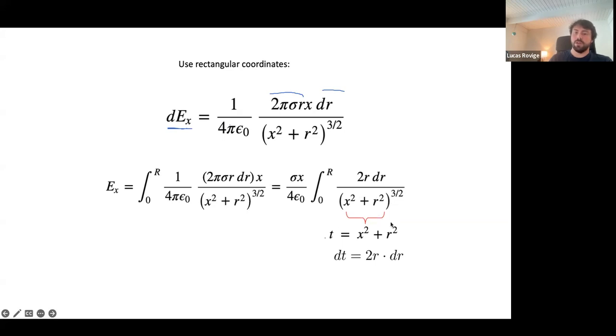It still uses a substitution, but a simpler one. We write t equal to x squared plus r squared. And so we get the differential element dt by differentiating this, and this just gives 2r dr.